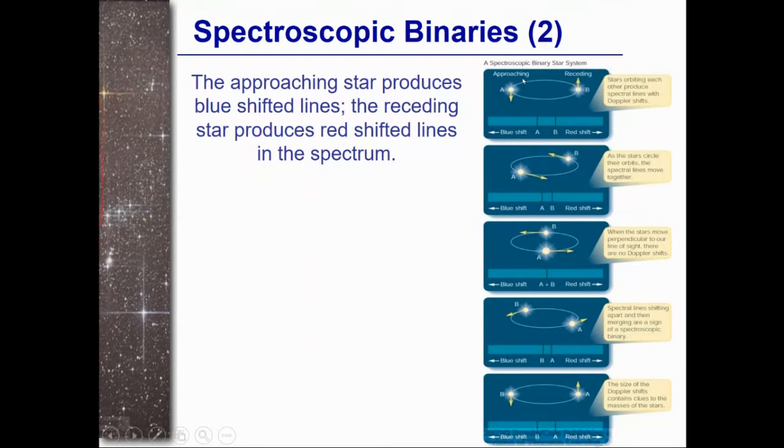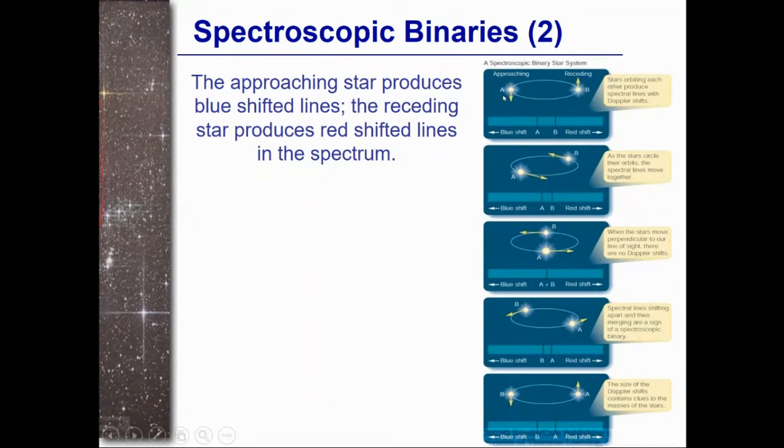So if you have a binary system here, which we cannot see visually, we can look at the light that comes from them. Now we look, for example, at red shift, that means going toward longer wavelengths, and blue shift, that means going toward shorter wavelengths. On the top here it is receding, and here it's approaching.